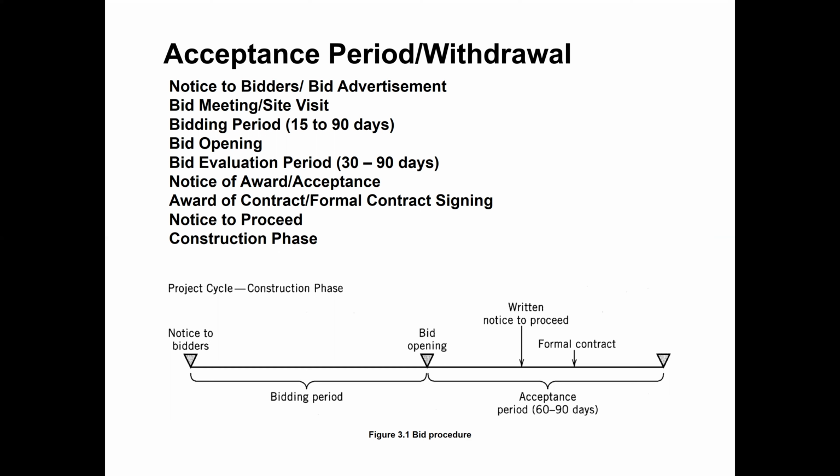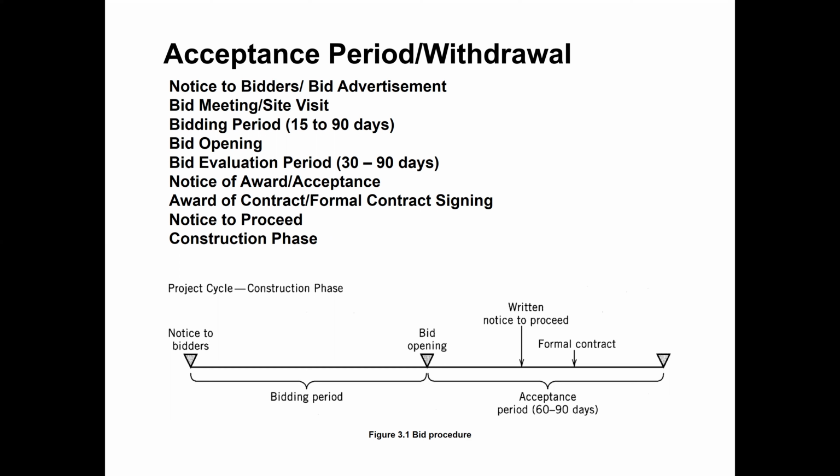So it's always better to invite the bidders to have a look at the site, how difficult it is, and how the access road is for transportation of materials and everything. They should have a meeting on site and visit the site, and then they will prepare the bid.